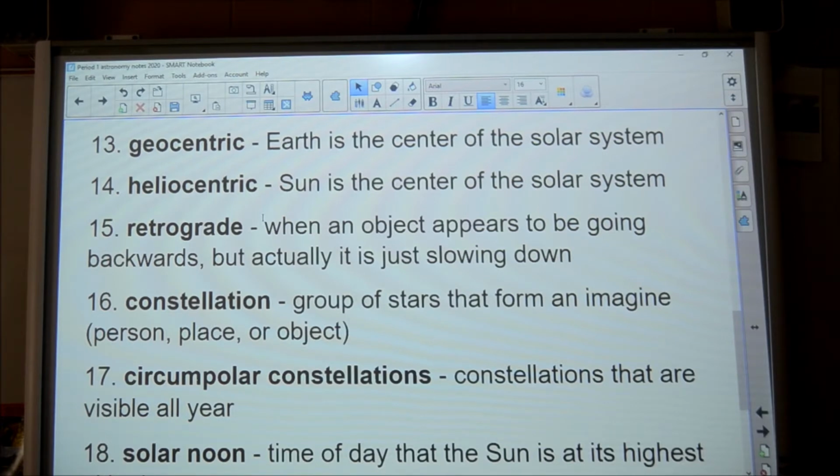They're the constellations that we see all year. So for us, anything like the Big Dipper, we see the Big Dipper all year. We see the Little Dipper all year. They're circumpolar constellations. Seasonal constellations we only see in certain times of the year. They're not visible all year round.